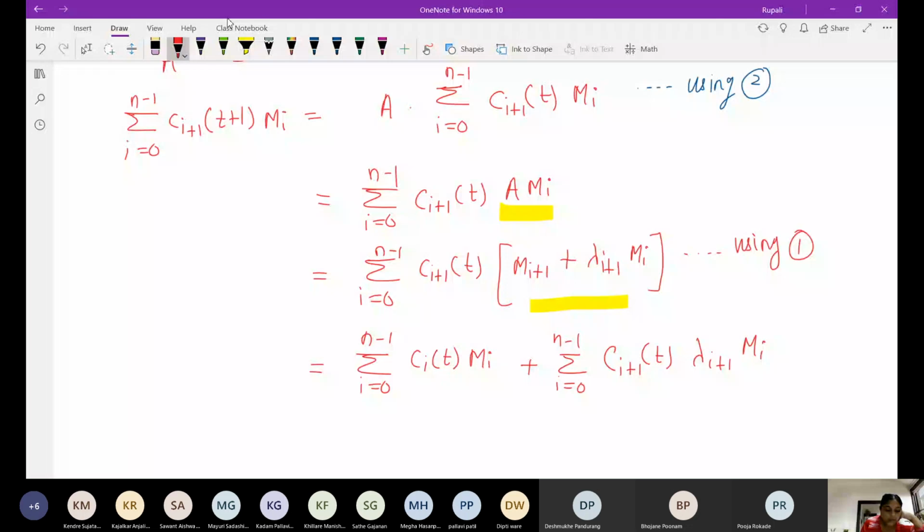But in the first summation, I have replaced i by i minus 1, and used the fact that m is 0. Is that okay? What was this?